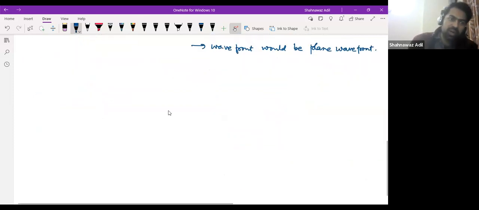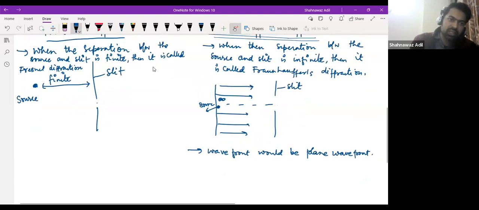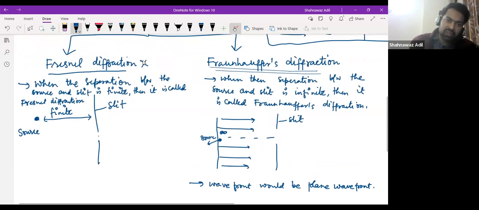Now let us talk about the observation or the experiment demonstrating this diffraction. Fresnel diffraction is not in the syllabus, so we will do Fraunhofer. So our source would be at infinity.